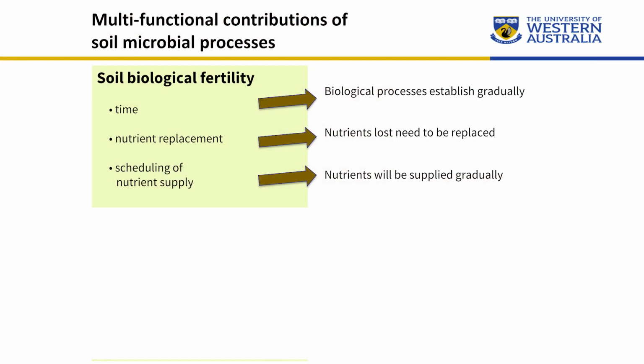So say we get a focus more on biological fertility, then we have to think of time, because it's not a magic thing. You can't just do something and fix this biological fertility, because living organisms take time to do their thing, and you can stuff it up pretty easily, by the way. So you need to have time considered, and this will develop with time.